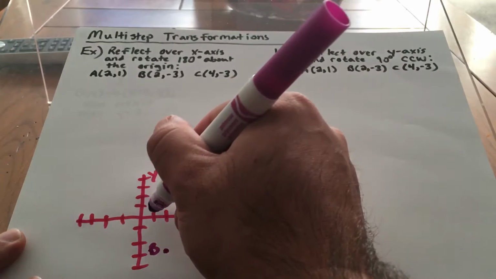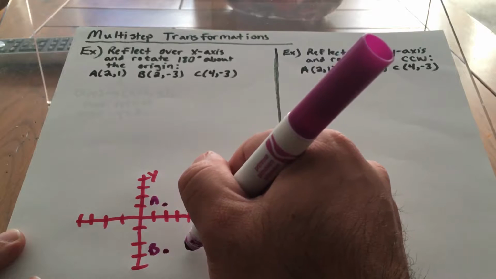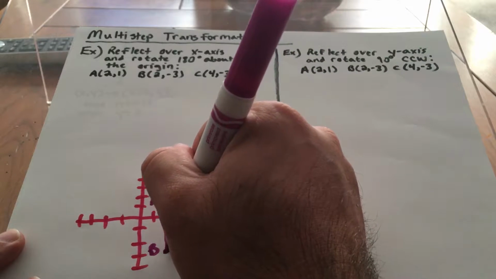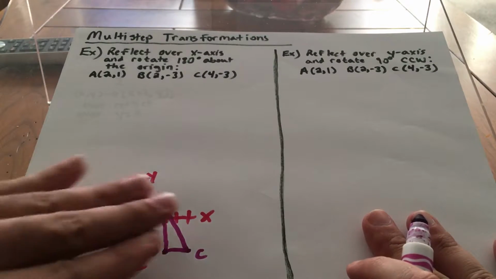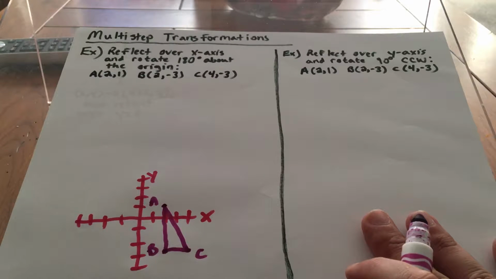And then C is at 4, negative 3. So we come over 1, 2, 3, 4, and then negative 3 down here. So this is our shape. And basically what they're telling us is we're going to take this shape and flip it over the x-axis first.